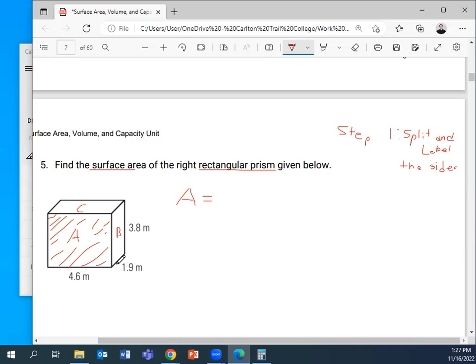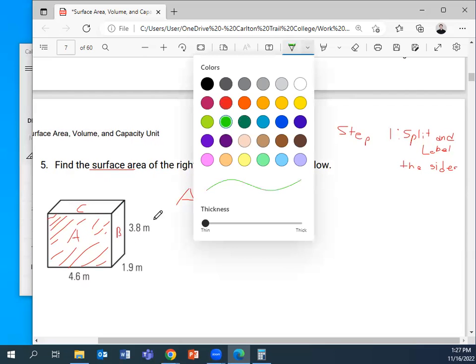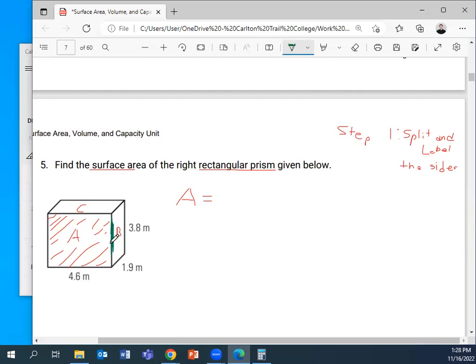The reason we're not doing 1.9 is because that's how deep it goes, right? I only want to know A, and the only sides with A are the 2 I'm highlighting in green here. This one is 3.8, which we can figure out because the other side of B is 3.8. And this one here is 4.6. Use what we know to figure out what we don't. I didn't know the length of this, but I can use this to figure it out.